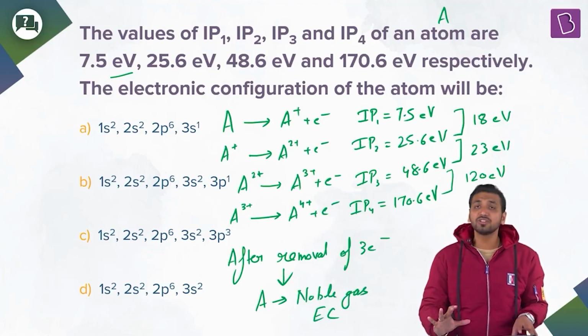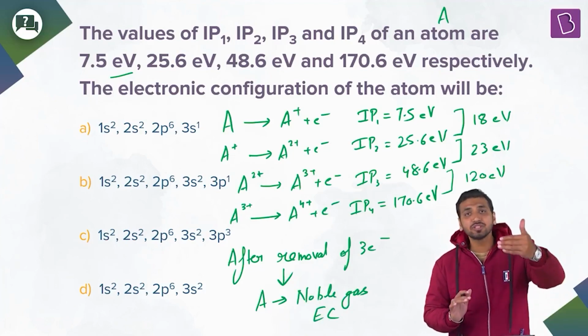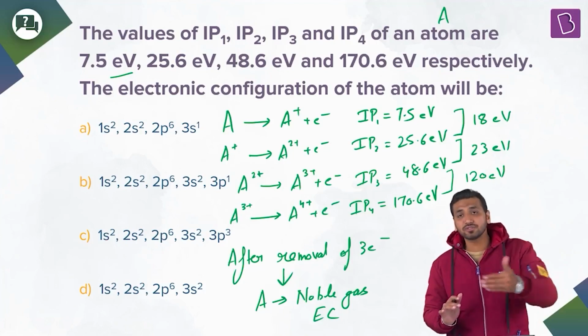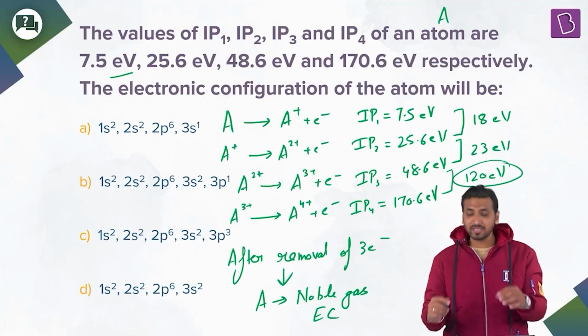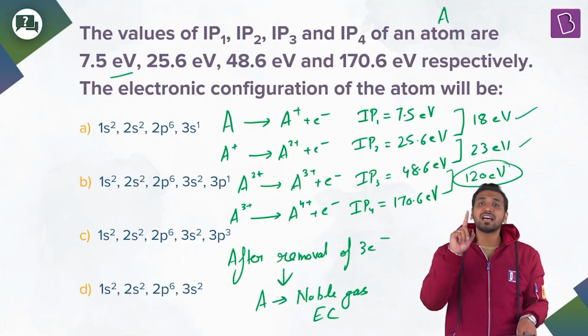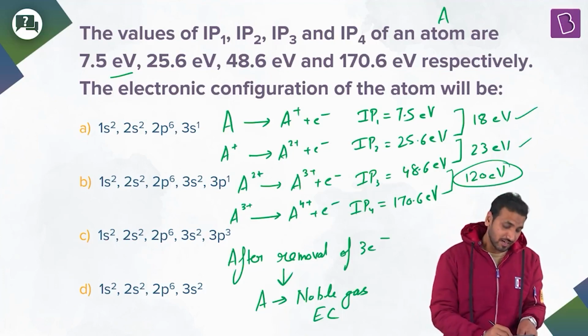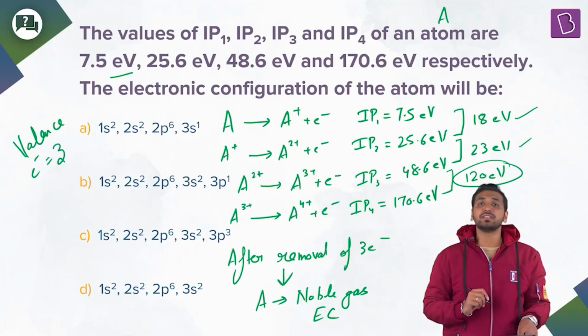This is what we observe from the values given for ionization potential. As you are moving from 3 to 4, there is a huge energy gap. You see 120 electron volt is pretty big as compared to 18 and 23. So you have to look for that electronic configuration where valence electrons are going to be 3, right?